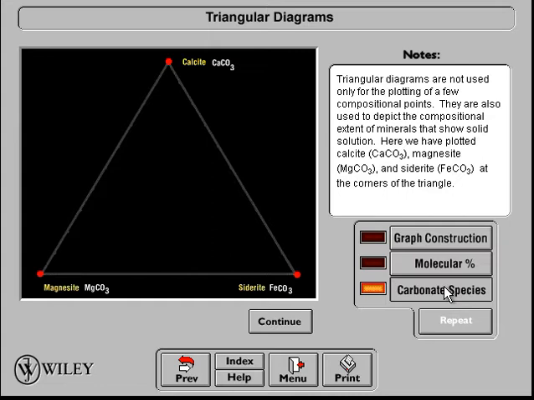Triangular diagrams are not used only for the plotting of a few compositional points, they are also used to depict the compositional extent of minerals that show solid solution. Here we have plotted calcium carbonate, magnesite and siderite at the corners of the triangle.